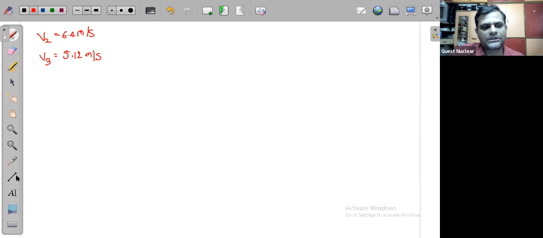Now, if you just focus on the third bounce, suppose this is the ground, and suppose we have this ball. ये बॉल है, अभी वो जब नीचे जा रहा है, तो उस समय का जो उसका वेलोसिटी है, वो अभी ये थर्ड बाउंस है.